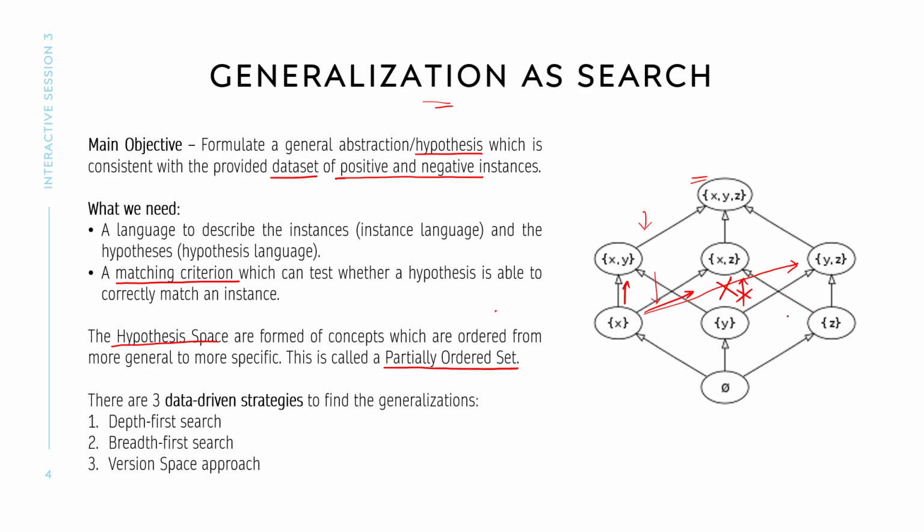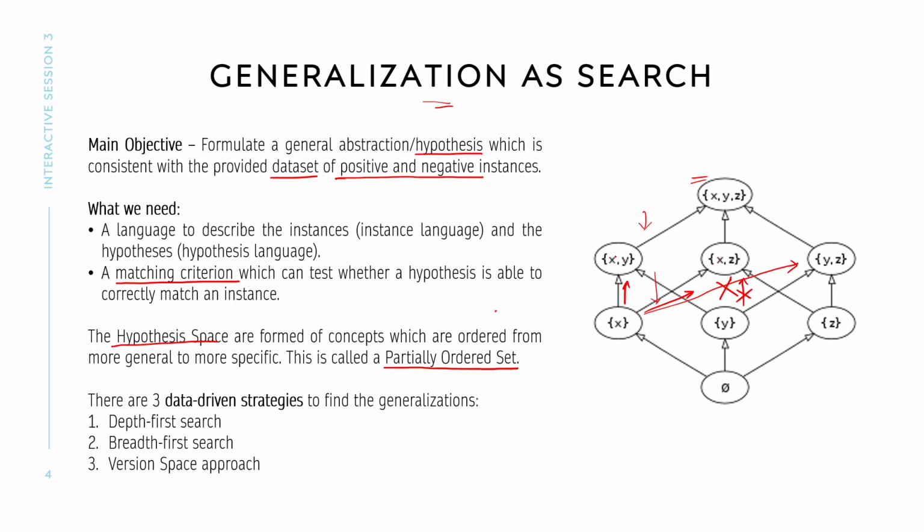Since one member here is not connected to all three members in the previous layer or in the next layer, however you may call it, that's why it's called partially ordered. If it was connected to everything, then it would be a properly ordered set, right?